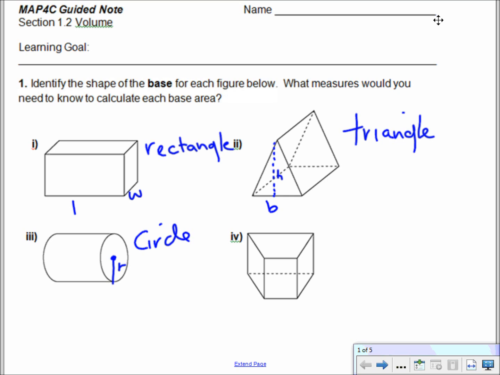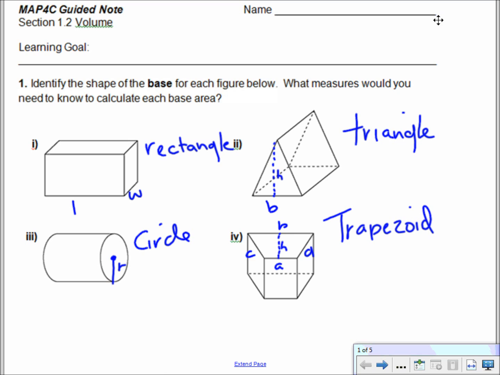Okay, the next one is a trapezoid. How do I spell it? Trapezoid. And for a trapezoid, I'm going to try to label this. You need A, B, C, D, and the height.